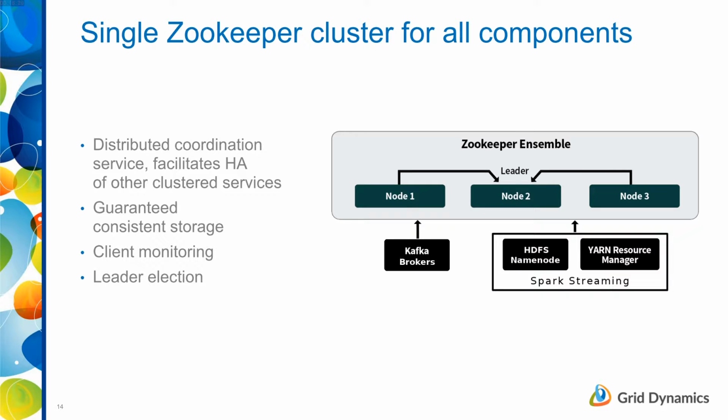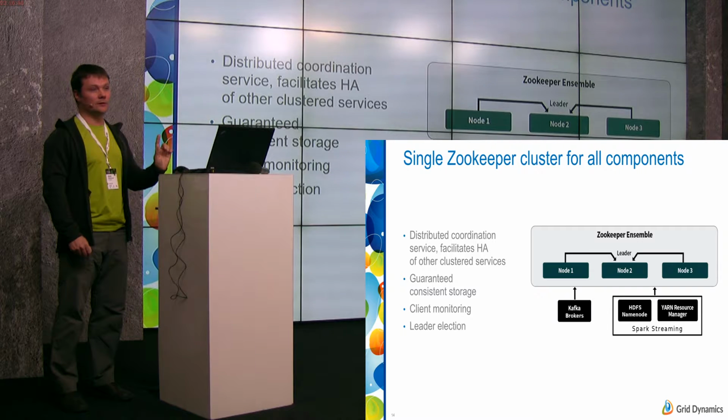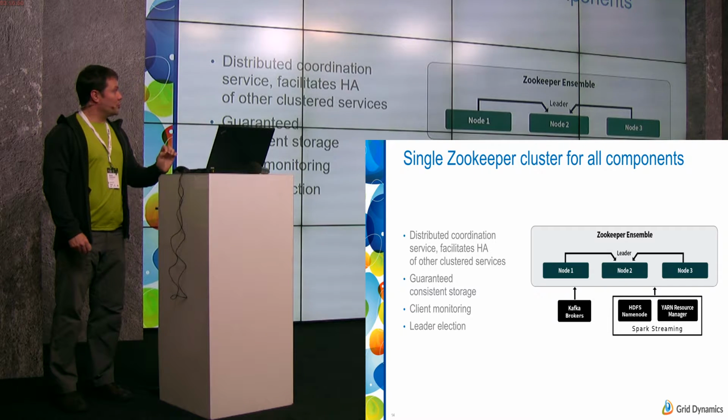Let's see what kind of services Zookeeper offers to make it reliable. Zookeeper is a service to coordinate distributed calculations. The first service is providing storage, a reliable, guaranteed consistent storage.